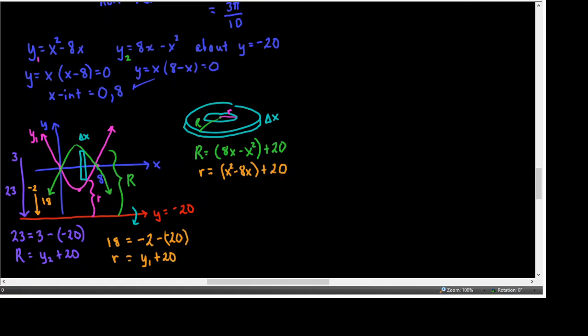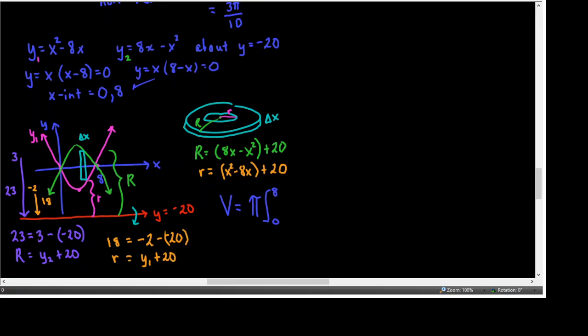Finding these two expressions, the expression for capital R and the expression for lowercase r, is the most challenging part of these problems, because once you have that, it's really just a formula. Now, since they have the same x-intercepts, that means that's where the region that's being revolved starts and ends. So the volume will be pi times the integral from 0 to 8.